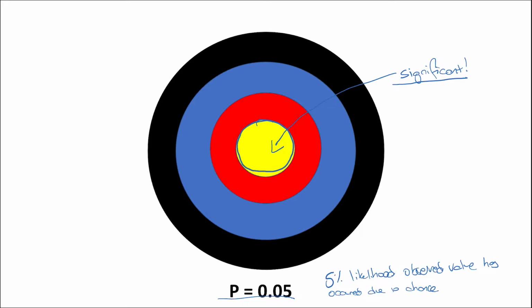We're saying there's a 5% likelihood the difference or association we've observed would occur if there was no real difference between conditions, or no true association between those two co-variables. We're 95% confident that the difference or association is real and not due to chance.